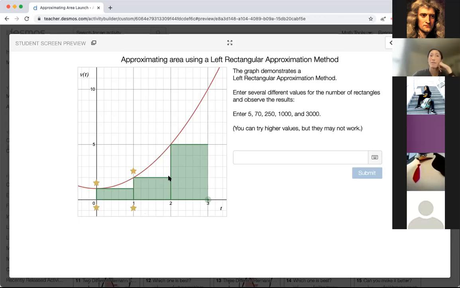For the last rectangle, which number, 2 or 3, is the left number? I believe you would all tell me 2. I go at 2, all the way up to the curve. The curve tells me when to stop, and that becomes the height of the rectangle.